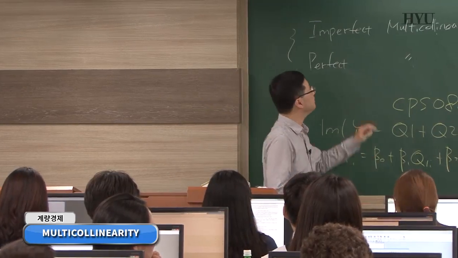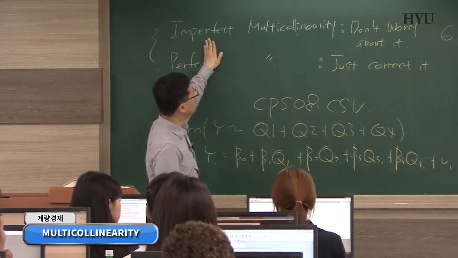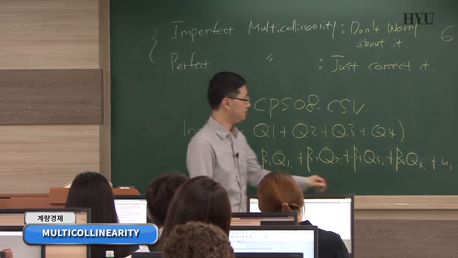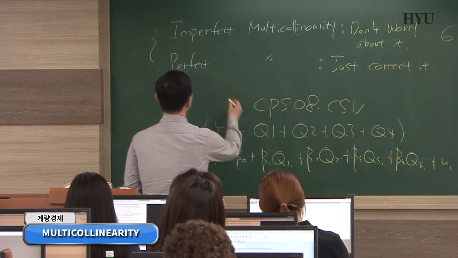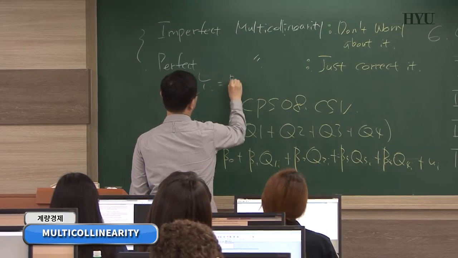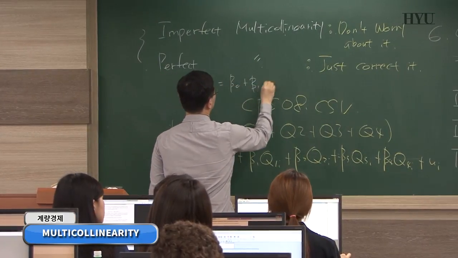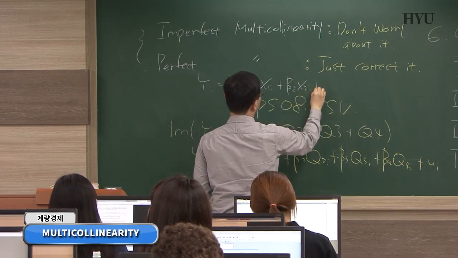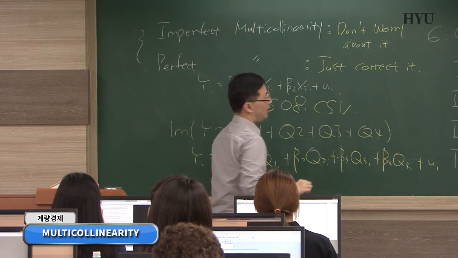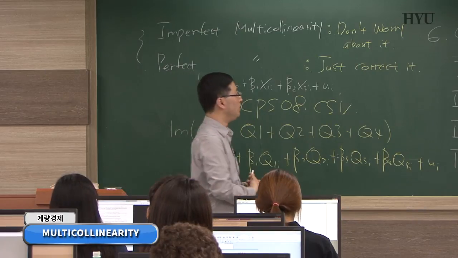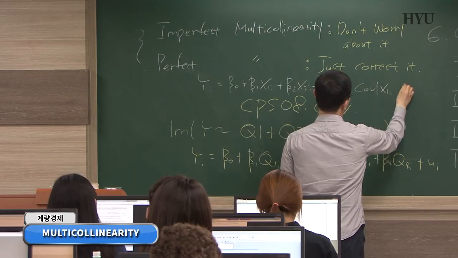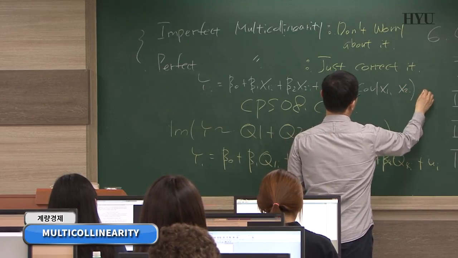Now let me make a few comments about imperfect multicollinearity. Again, it simply means that you have x1 and x2, and they are not perfectly collinear, but the covariance between them is high.